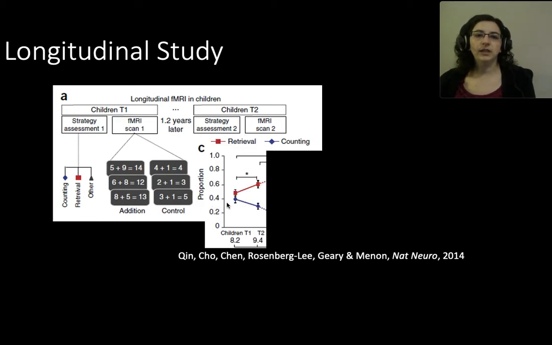And behaviorally, we saw that there was a major increase in the amount of retrieval that they were using for these harder problems, and a decrease in the amount of counting strategies, when we looked at children when they were 8 versus when they were 9. So, what did we see in the brain?